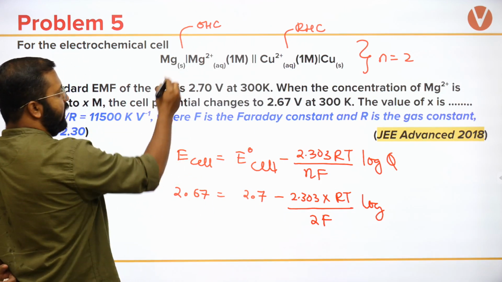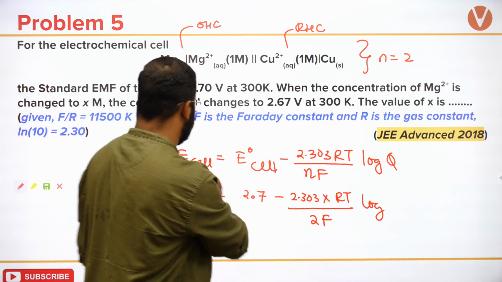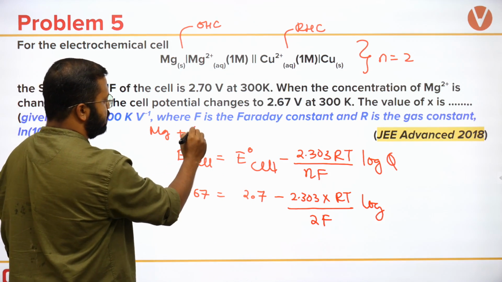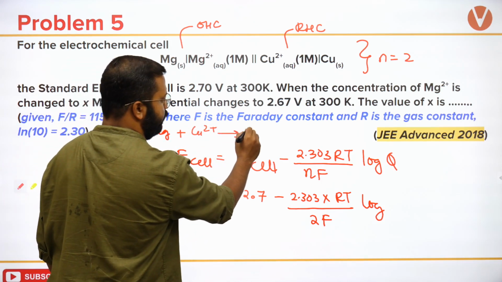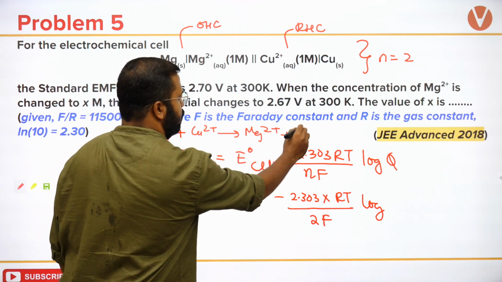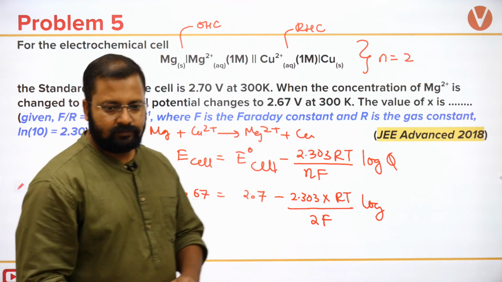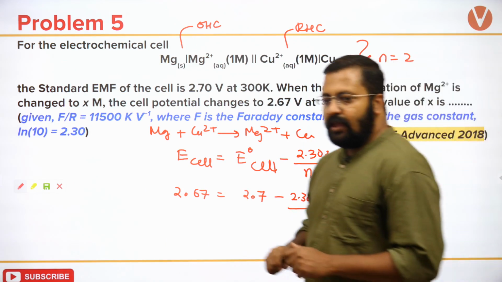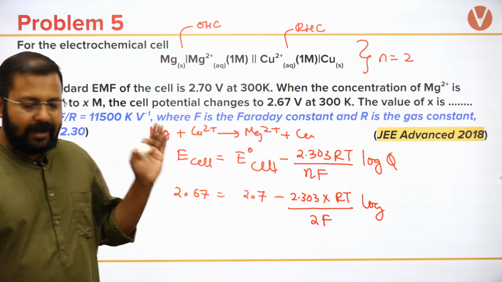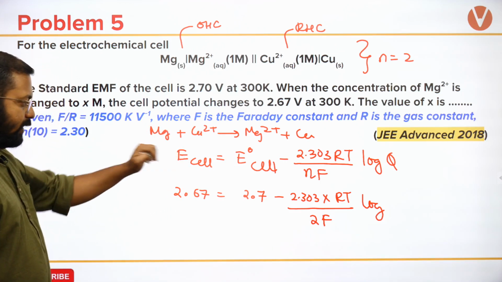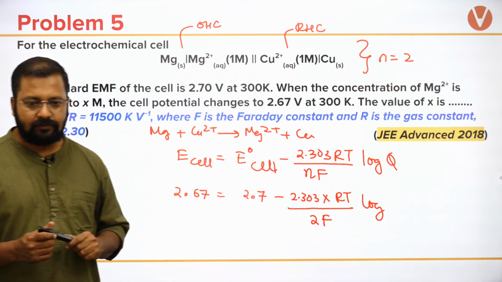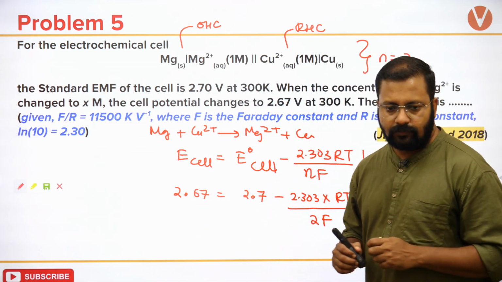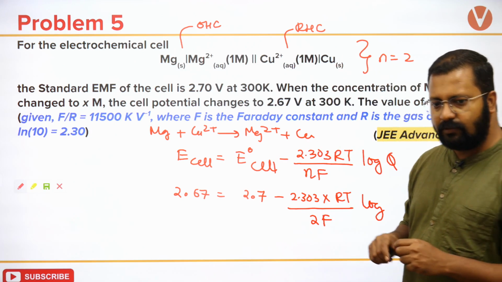If I write the reaction, it would be written like this: Mg plus Cu2 plus changes to Mg2 plus plus Cu. Now if you try to solve this, what is the answer that you would be getting? You're getting the answer as root 10 or 10.